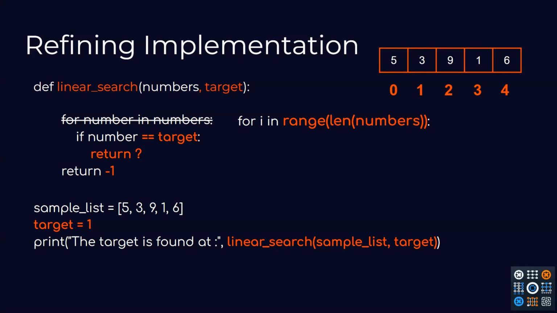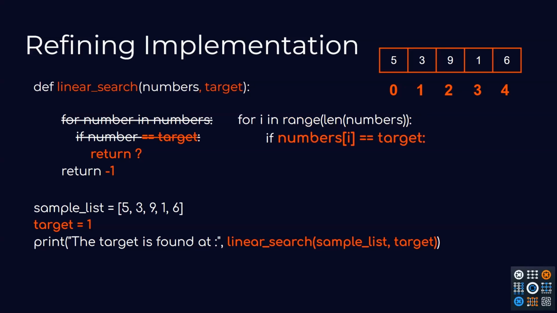The range on length of numbers expression generates a sequence of indices from 0 to the length of list -1. By iterating over these indices, we can access both the index and the corresponding element in the list. This is different from our previous loop, where we only accessed the elements directly without knowing their positions.